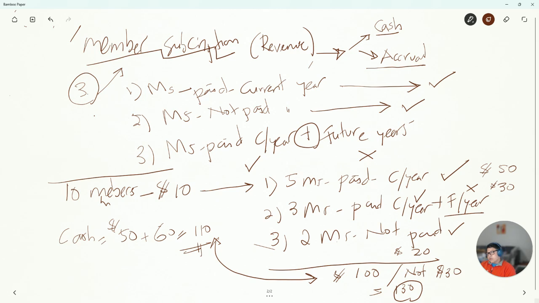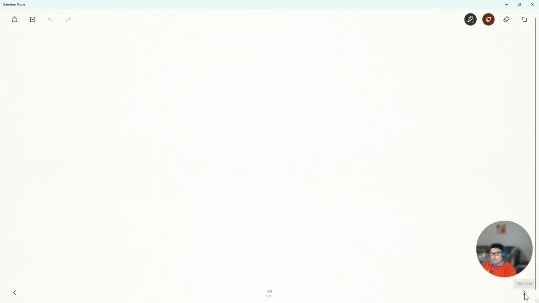So accounting entry, how we're going to journalize. Let's have a look on the second screen. The first one we're going to recognize because they pay the cash. So debit the cash because the cash is coming in, $50.